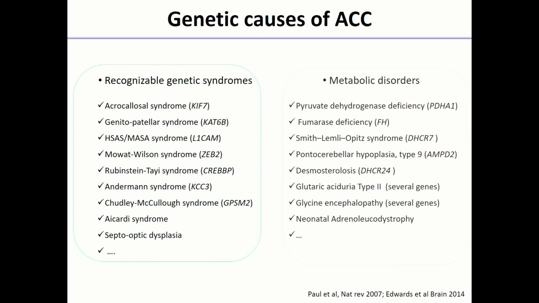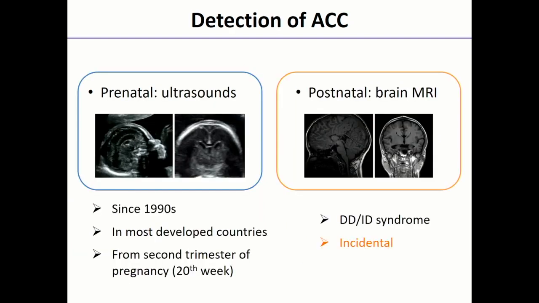Some of them have genes that have been identified. Some, like Aicardi syndrome, have no cause yet identified. On the other hand, you also have metabolic disorders that are associated with malformation or absence of the corpus callosum, with high penetrance. Usually, these are neurodegenerative conditions.